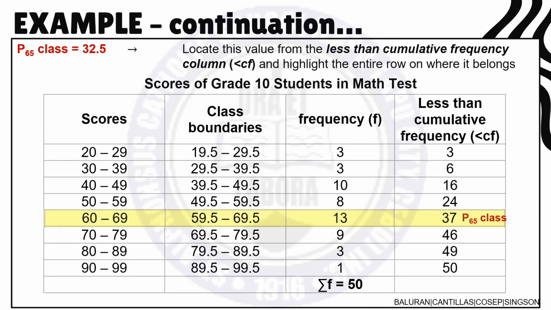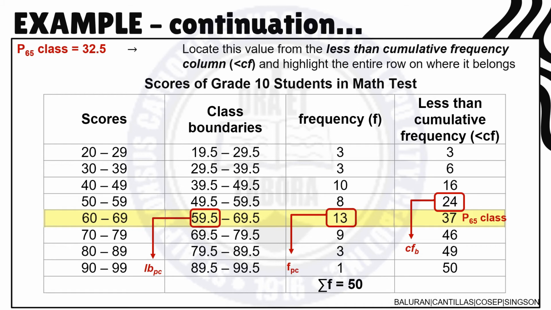Then we will now identify our lower boundary, which is 59.5. Our CF below is 24, and our frequency is equal to 13. Then our interval here is equal to 10. So how did we get 10? Again, there are two ways of finding the class interval.